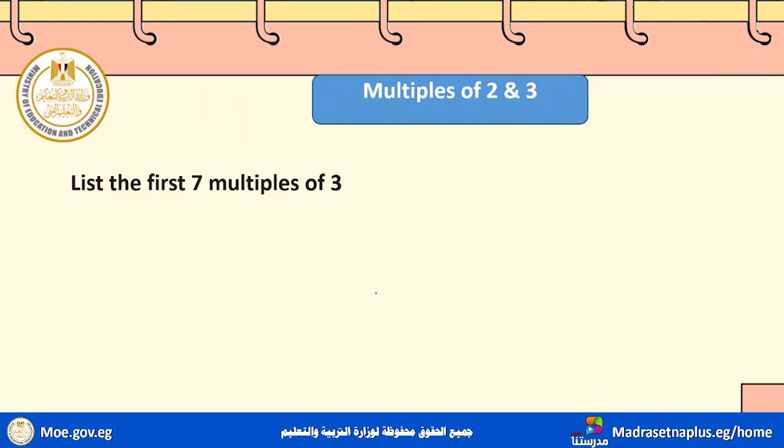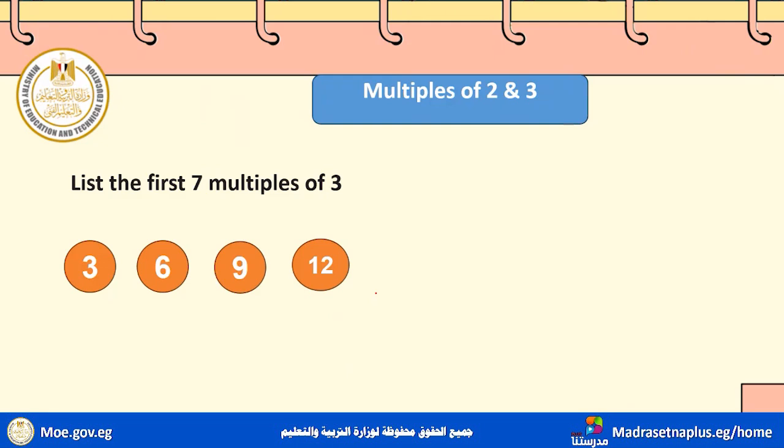Can you tell me the first multiple of 3? Yes, the first multiple is 3. The second one is 6. Help me. Which one will be the third? 9. Great. Fourth. Wonderful. 12. 15. Great job. Go on, my hero. Next, 18. Great.